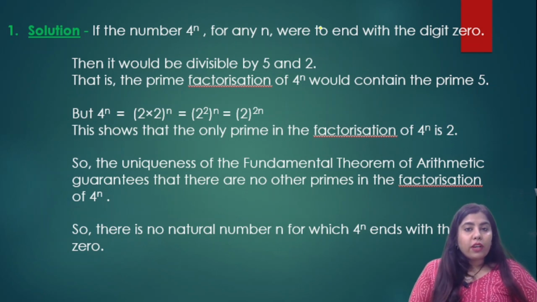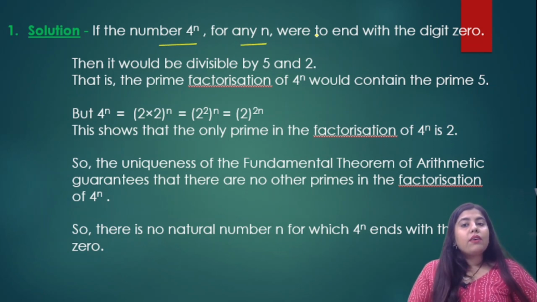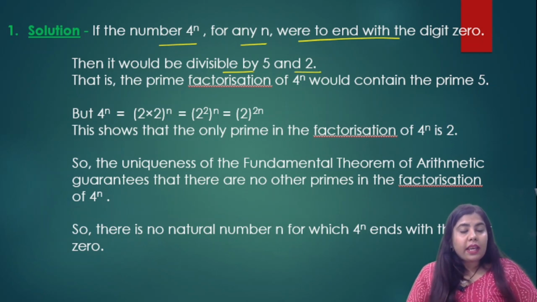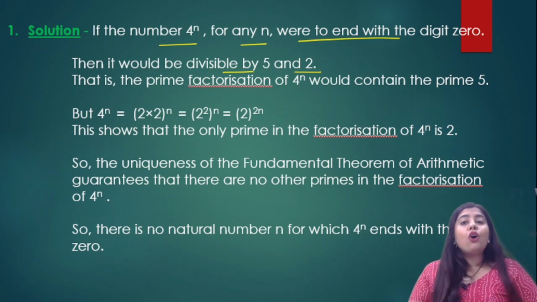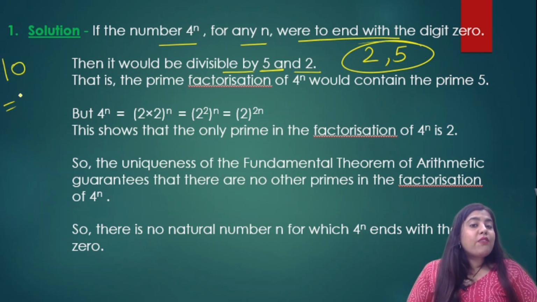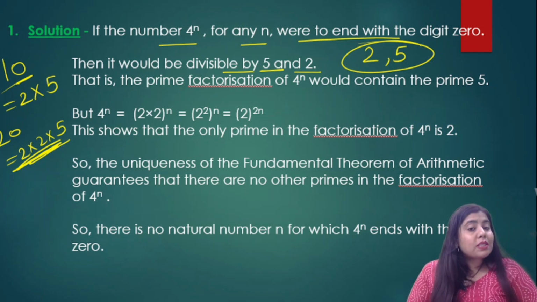If the number 4 raised to the power n for any n were to end with digit 0, then it would be divisible by 5 and 2. Means if we have a number 4 raised to the power n where n is a natural number and it has to end with digit 0, meaning the unit digit of its answer should be 0, then that number will have 2 factors. Which 2 factors should they be? 2 and 5, right? Because if we take 10, its factors are 2 multiplied by 5, and it ends with 0. If we have the number 20, then the factors are 2 multiplied by 5 as well. It also must have the factors 2 and 5.